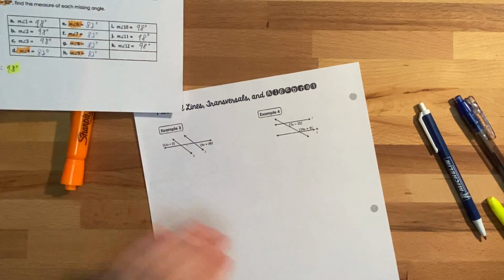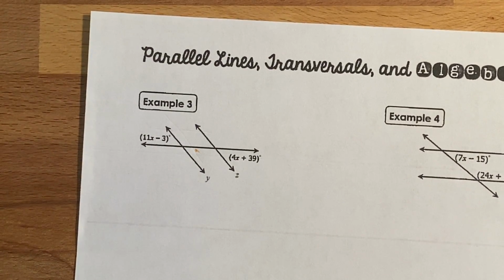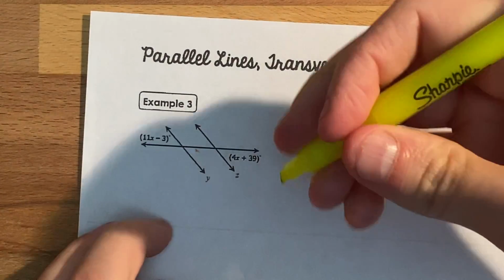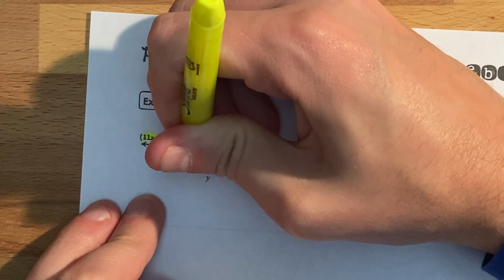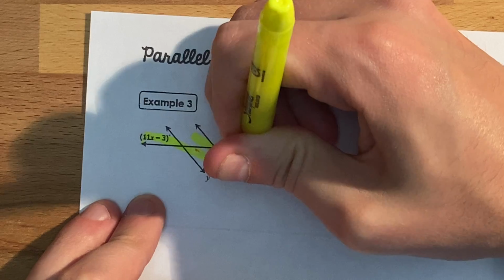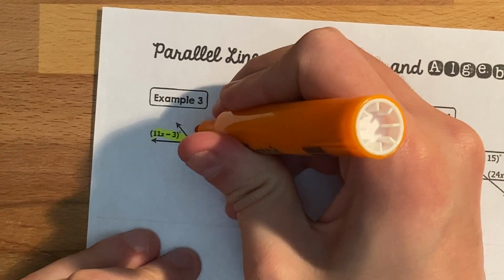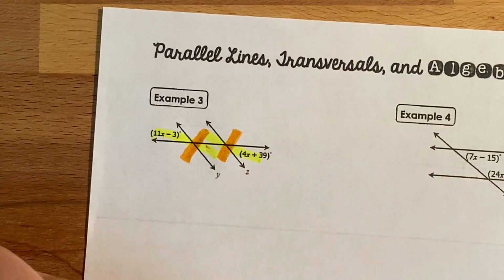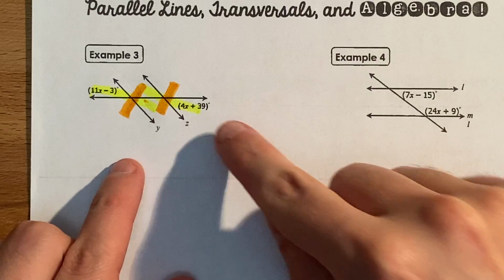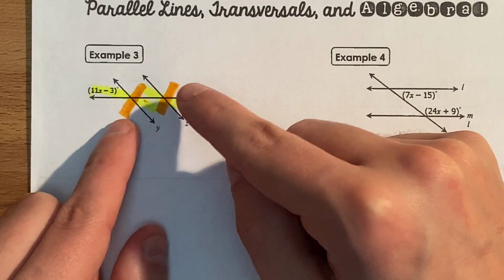To the last 2 problems, there's a little bit of algebra involved, but it's still the whole, are they the same or do they add to 180 thing? So like here, if I do this and this compared to this and this, you can see that all of my orange things are blank. There's nothing going on there.